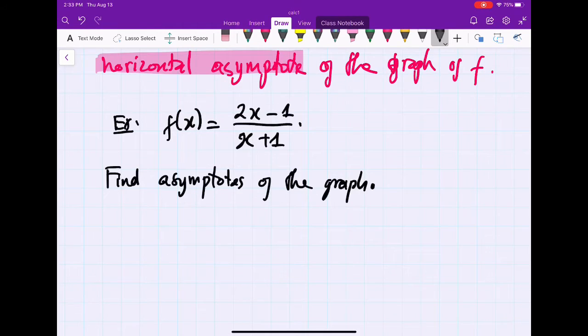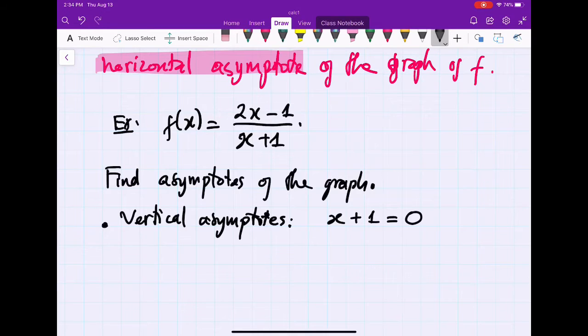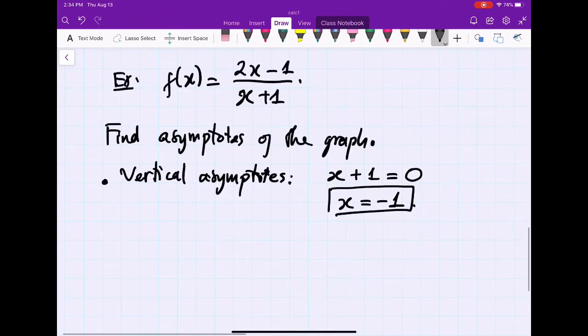So for a vertical asymptote, you need to find all x where the function is not defined. So basically you need to solve the equation x plus 1 equal to 0, and that gives x equal to -1. But that is not all. You need to consider the limit of the function at this point.